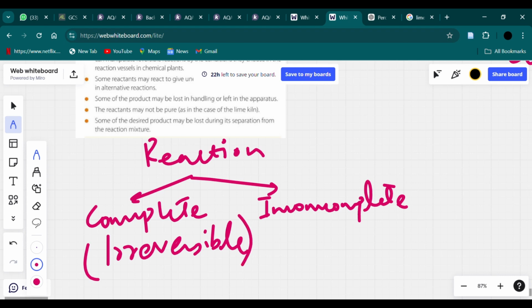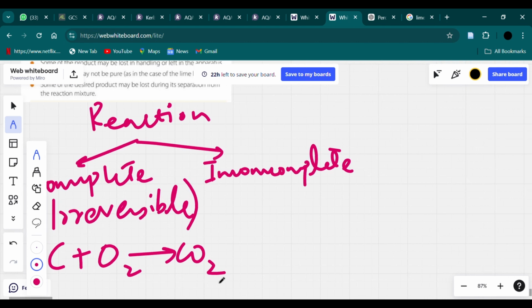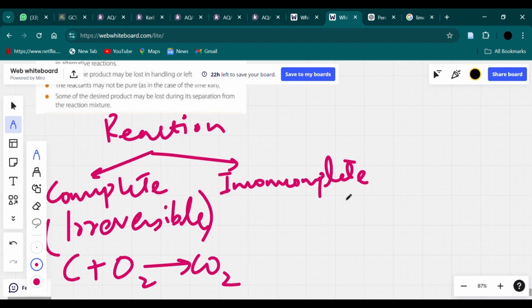An irreversible reaction is a reaction in which all of the reactants are converted into products. For example, carbon plus oxygen converted into carbon dioxide. This is a complete reaction in which all of the reactants are converted into the products. What about the incomplete reaction? An incomplete reaction is also called a reversible reaction.